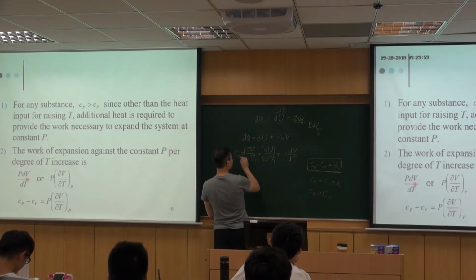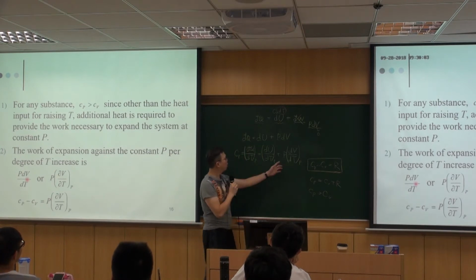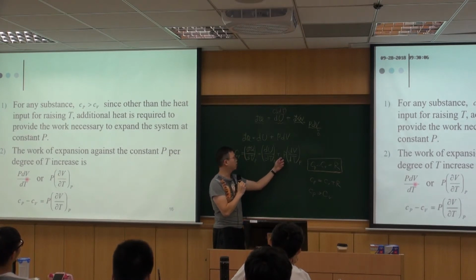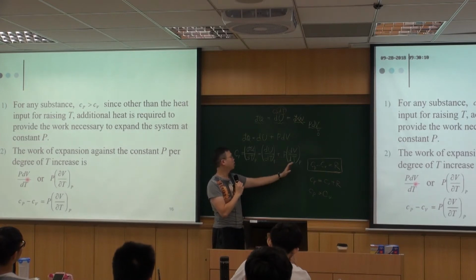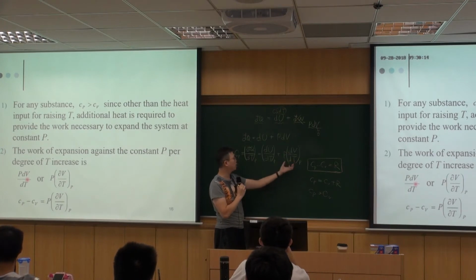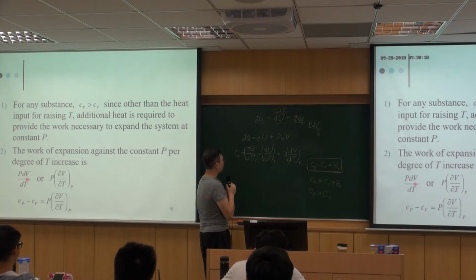Let's say this is Cp. And if pressure is kept constant, then we don't have to worry about this number, right? So the differentiation with respect to temperature is only acting on this part.